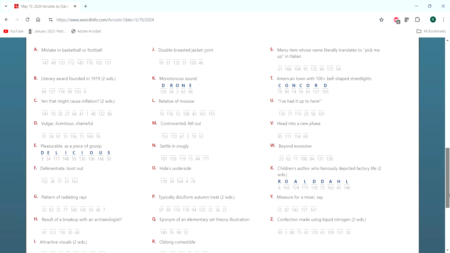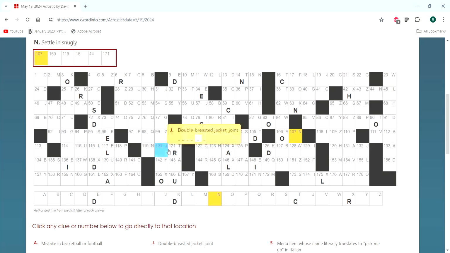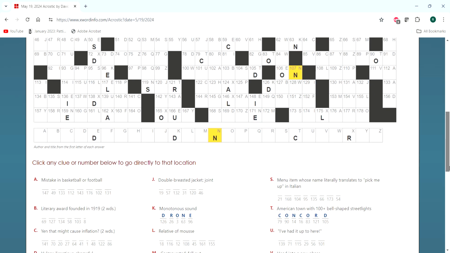This one is very tough in the clue section. Relative of moose is L. Controverted or fell out. Settle in snugly? Okay, settle in snugly is nestle, I think, which is, of course, another way of saying Nestle, the candy company.